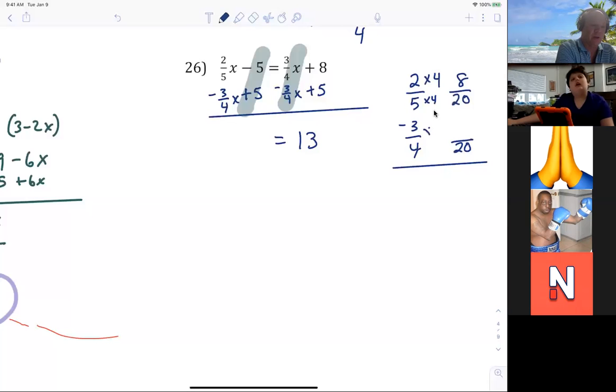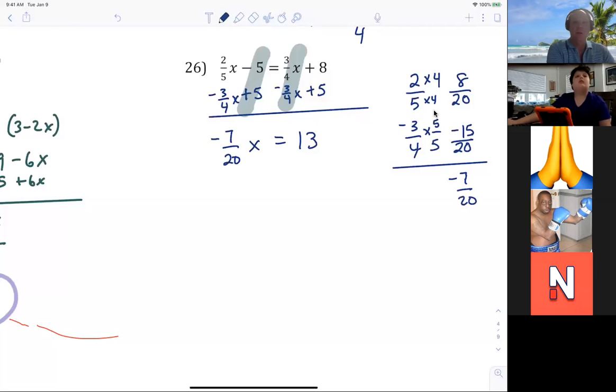Multiply the second fraction by 5, and that gives me -15/20. So 8/20 minus 15/20 is -7/20. So this over here would be -7/20 x. Anybody have any issues with that fraction?